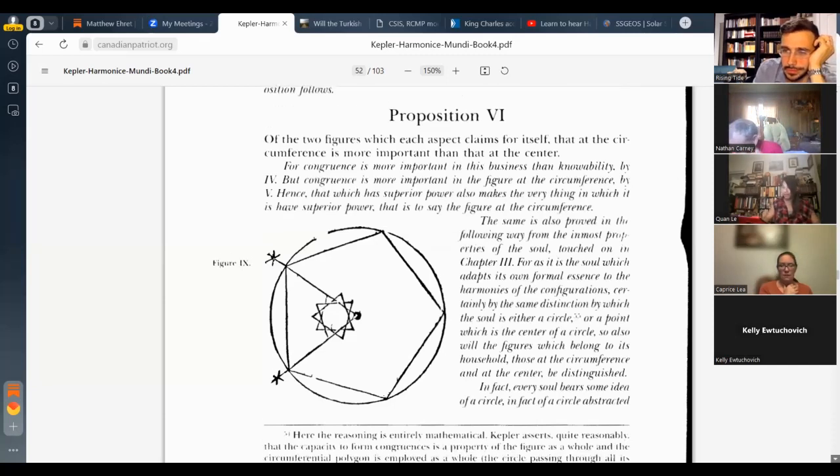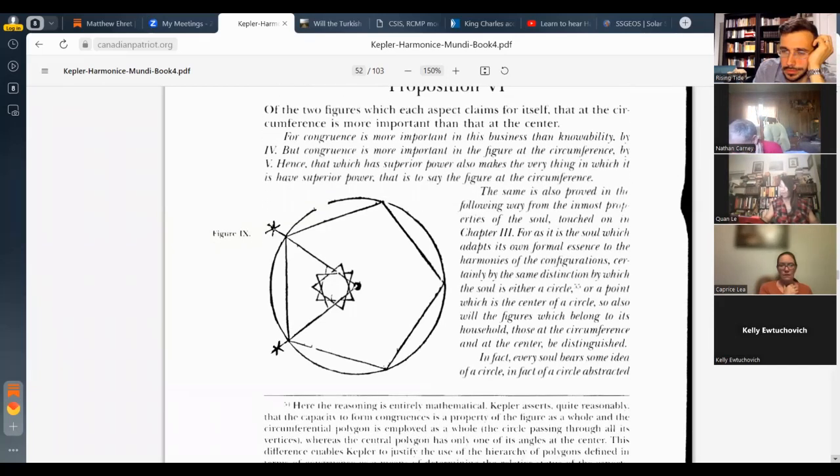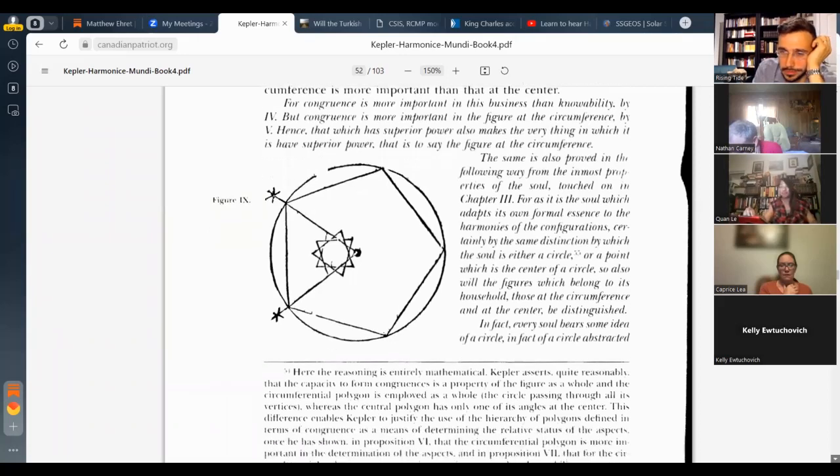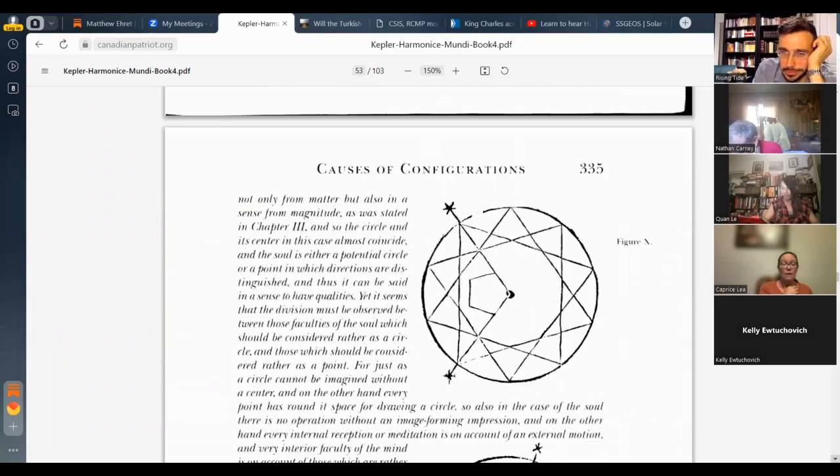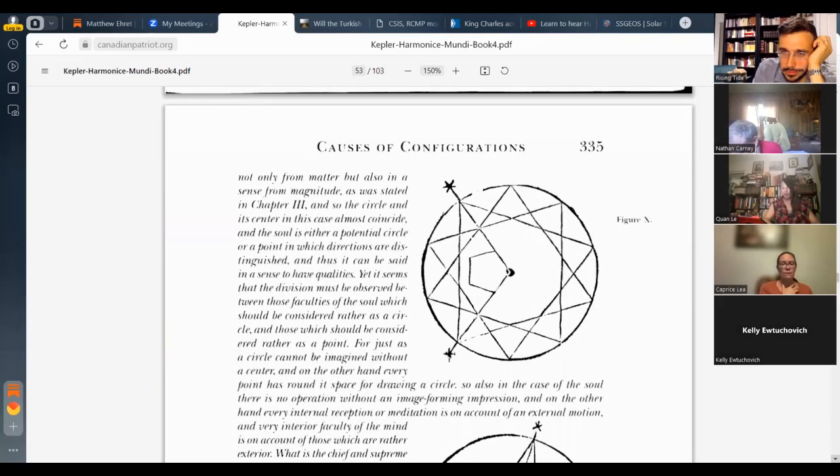In fact, every soul bears some idea of a circle. In fact, of a circle abstracted not only from matter, but also in a sense from magnitude, as was stated in chapter 3. And so the circle and its center in this case almost coincide, and the soul is either a potential circle or a point in which directions are distinguished, and thus it can be said, in a sense, to have qualities.